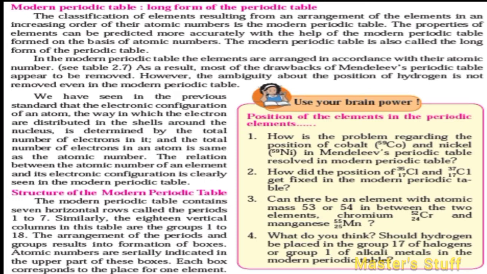Similarly, there are 18 vertical columns numbered from 1 to 18, called groups. This formation of periods and groups results in the formation of boxes. The atomic number of every element is indicated in the upper part of these boxes.